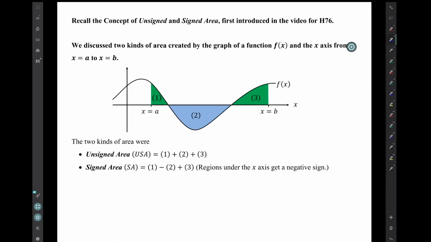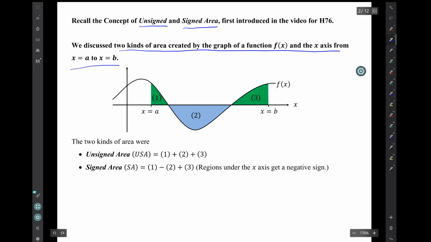Recall the concept of unsigned and signed area, which was first introduced in the video for homework 76, back when we were discussing section 5.4, the definite integral. We discussed two kinds of area created by the graph of a function and the x-axis from some x equals a to x equals b.